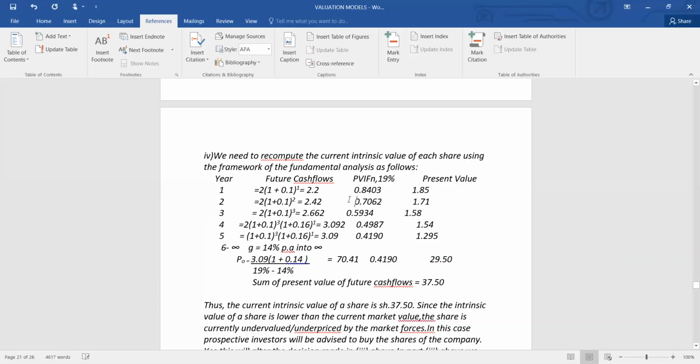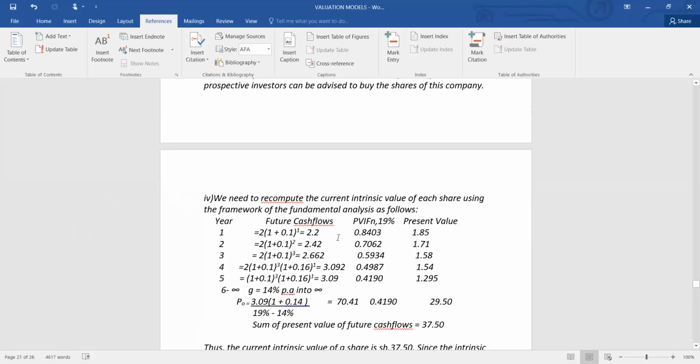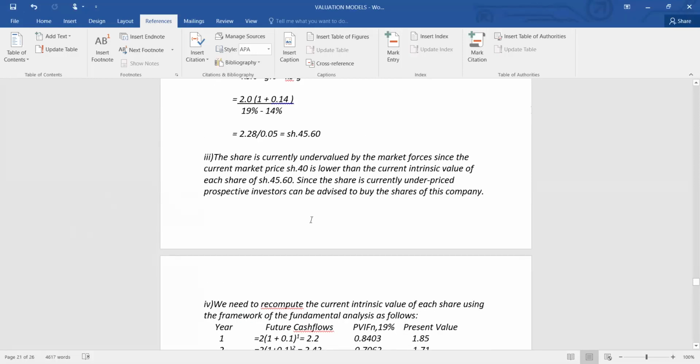I expected dividend year 1, year 2, year 3, and so forth. Now, which is the most recent dividend in the historical data? 2 shillings. So what dividend is payable in 1 year's time from now?